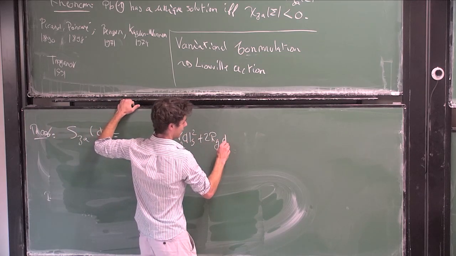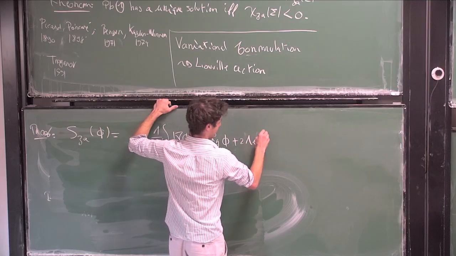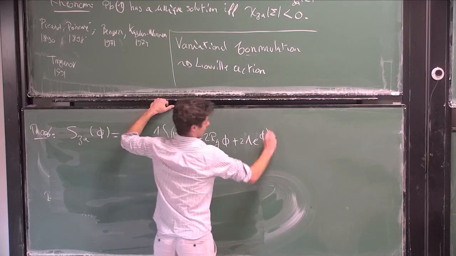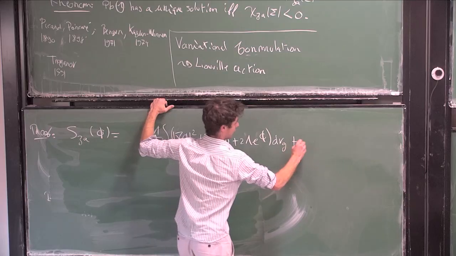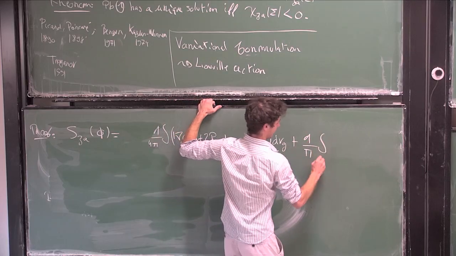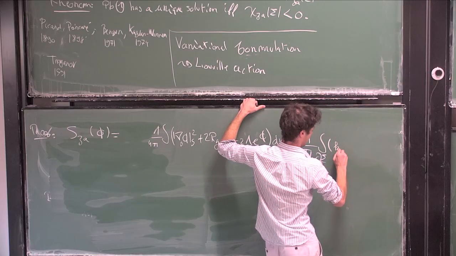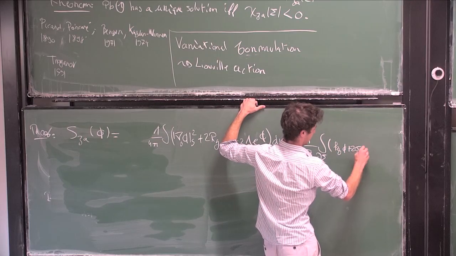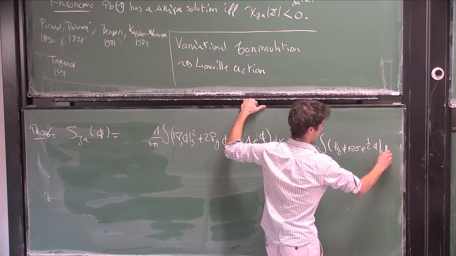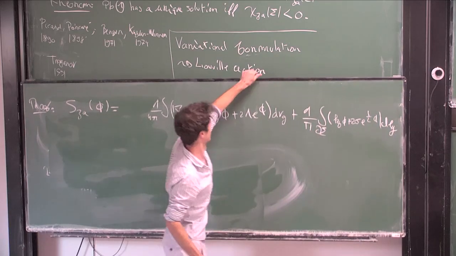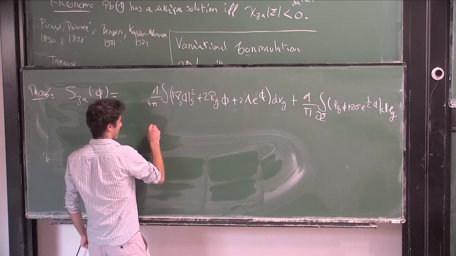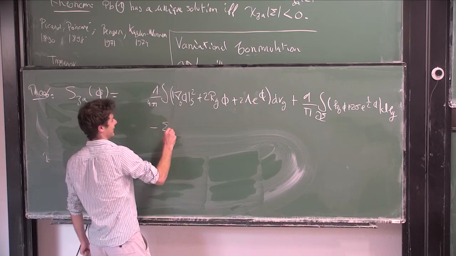Then I have 2 R_g phi plus 2 lambda exponential of phi in the metric g, plus 1 over pi times terms with 2 sigma exponential of phi.